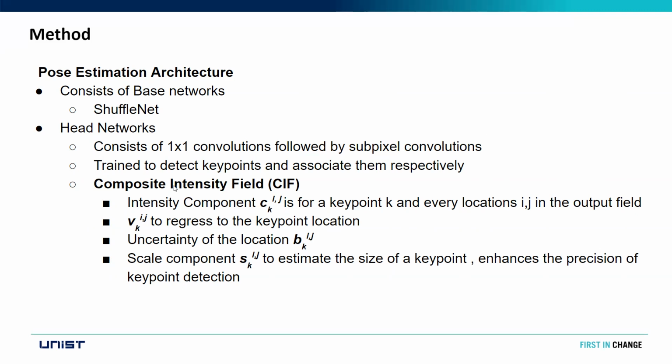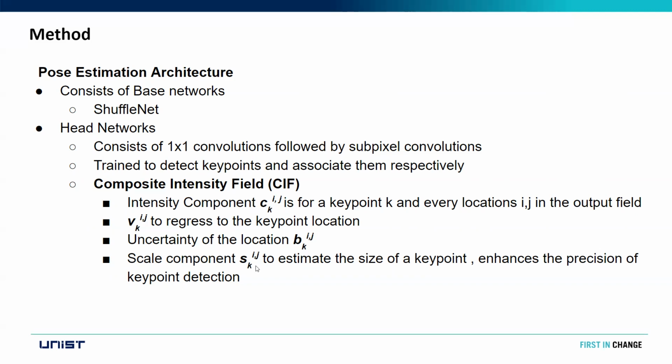And then the output of the first head network, the composite intensity field, is the intensity component, and then key point location and uncertainty of the location, and the scale component SK.